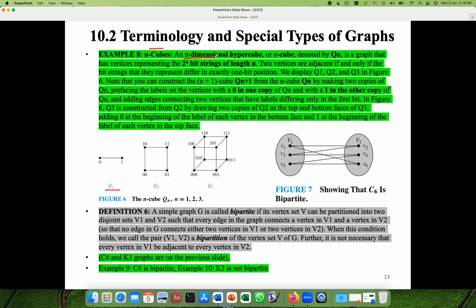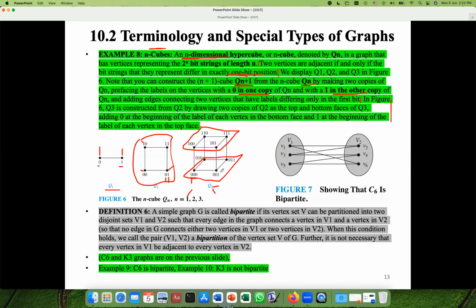So when you are going to form this Q3 from Q2, this 3 is saying that your bit string length is 3. So that's why it is 3 at all the positions. Make one copy at the bottom, the other copy at the top, and join all the vertices with each other, then you have that cube.